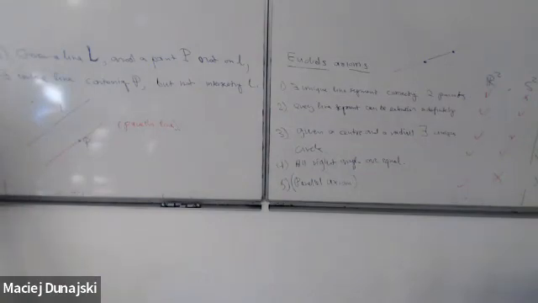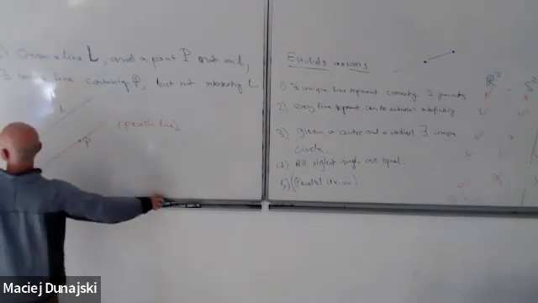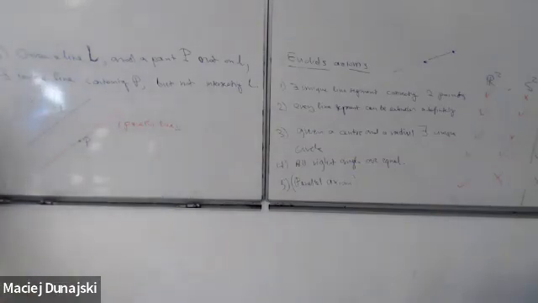So here is our L. That's my L. And I have some P not on L. Well, is there a great circle, which is a line, containing P but not intersecting L?